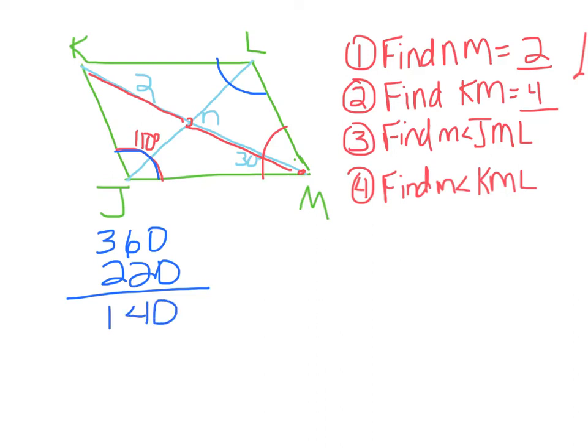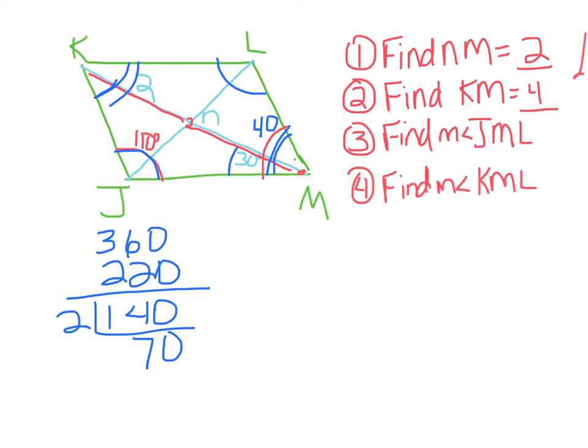They have to be split evenly between this vertex here at K and this vertex here at M. So 140 has to be split evenly between the two. So we'll split that and we're going to get 70. Well, if we know that this whole thing is 70 and this piece right here is 30, then we know that this must be 40 right here.